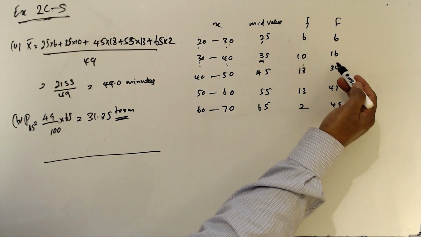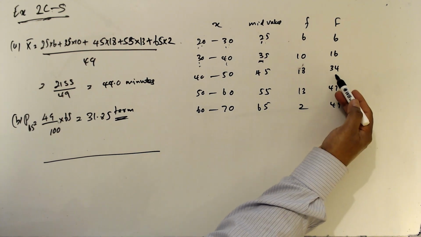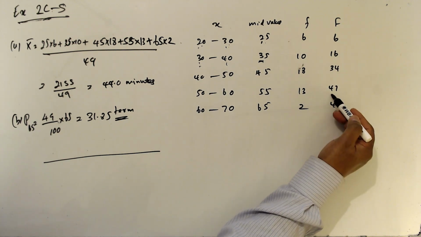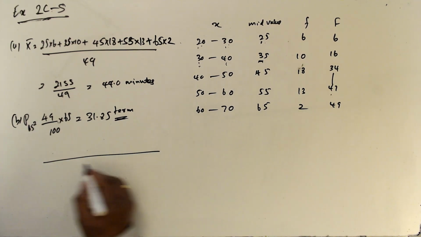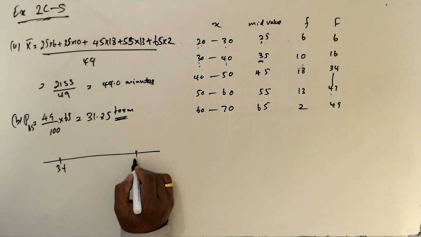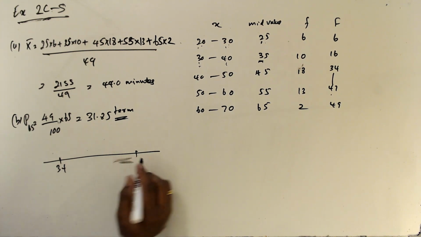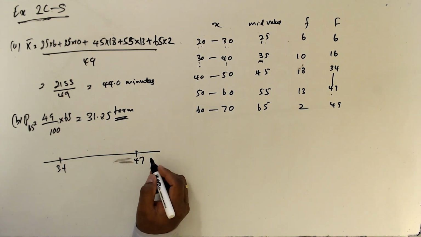Six terms, 16 up to 34. One boundary is 34, the other boundary is 47.